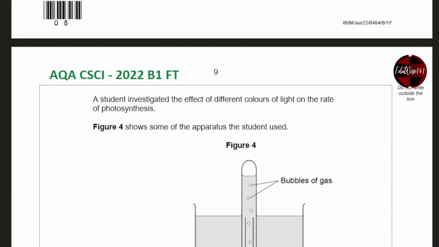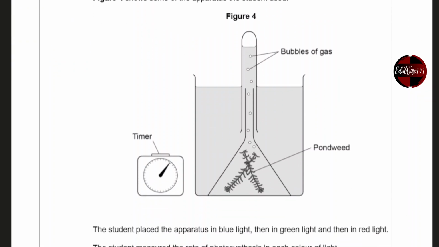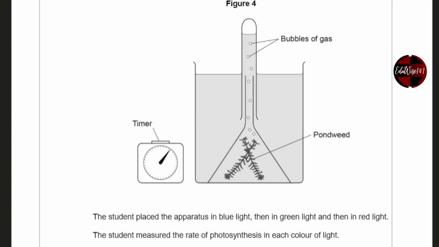A student investigated the effect of different colors of light on the rate of photosynthesis. Figure 4 shows some of the apparatus the student used. So you have a beaker over here, this test tube.